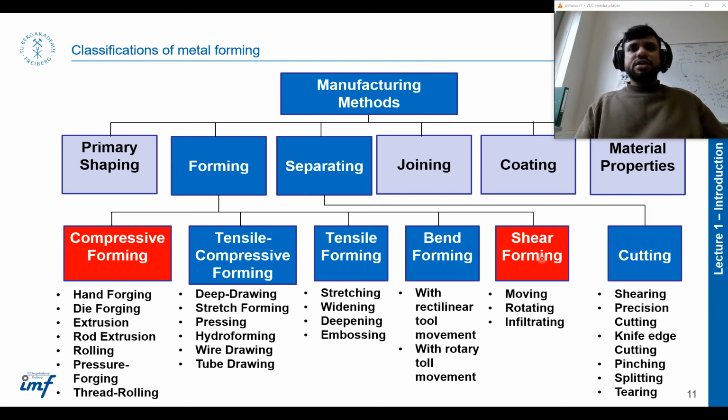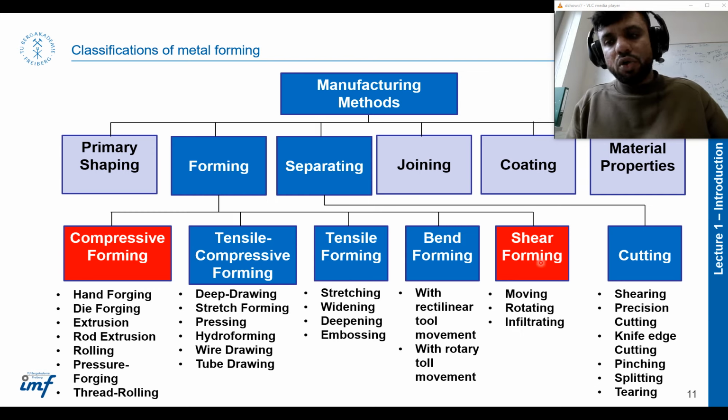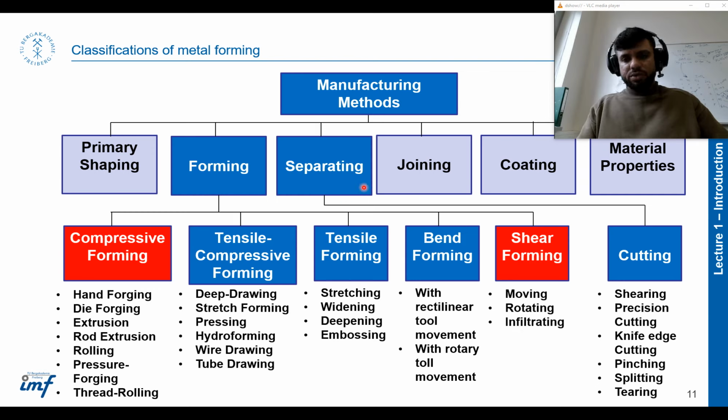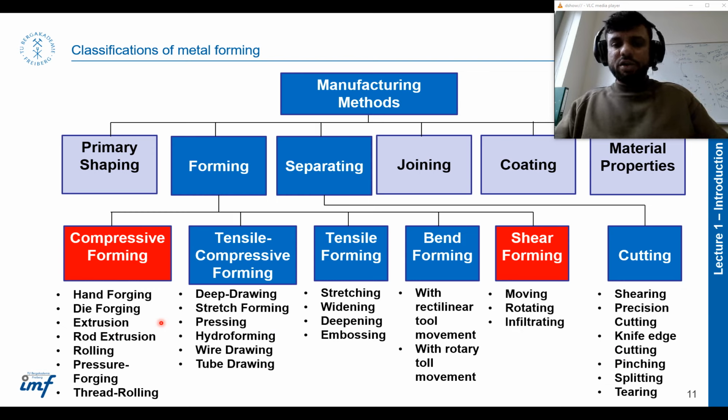Shear is usually when we are trying to deform it in the shear direction or trying to cut it, for which separation is separately mentioned here. And then you can see different examples of how the metal forming operations are classified. So the classification is quite diverse. It is a wide spectrum of how the load is applied and how the material deforms into a permanent shape.